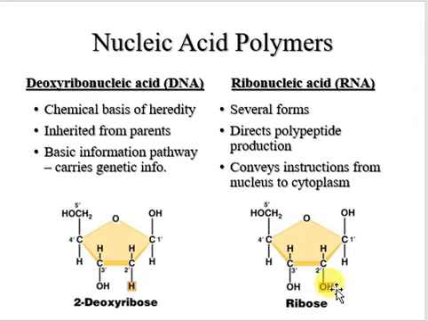The presence of the hydroxyl group gives these sugars different characteristics. Because deoxyribose lacks a hydroxyl group here, it's actually more stable in structure, which is why it's able to oftentimes form double strands.